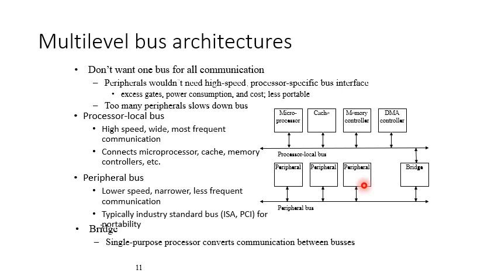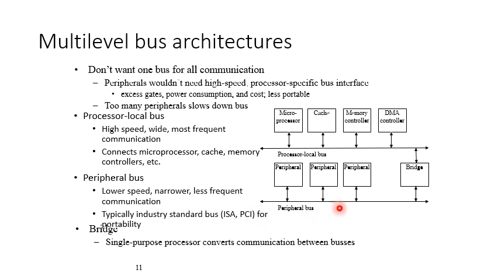The processor local bus is high speed and wide, and the most frequent communication is done through it. It connects the microprocessor, cache, memory controller, and so on. Whereas the peripheral bus is lower speed, narrow, and less frequently used in communication, typically an industry standard architecture for portability.